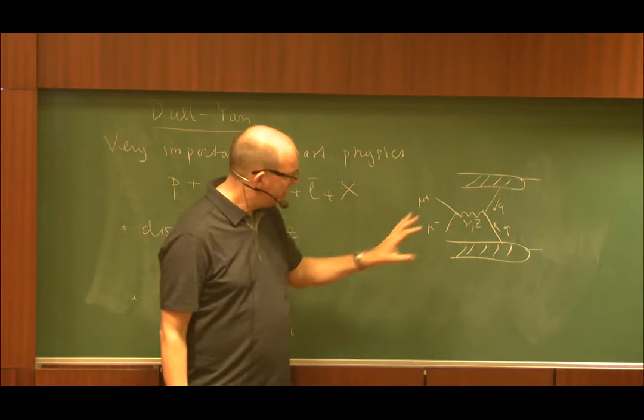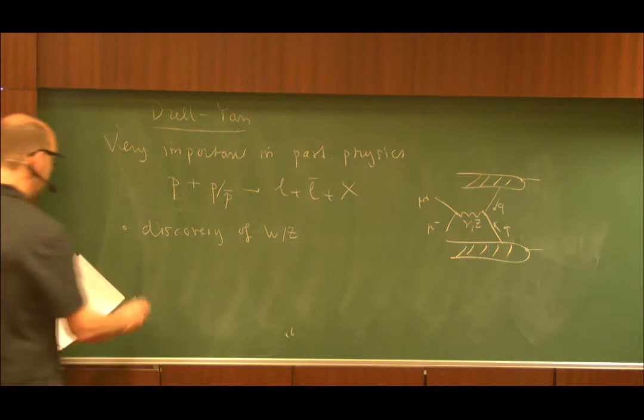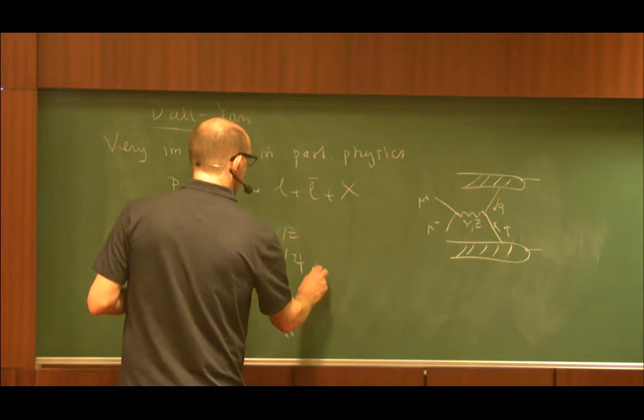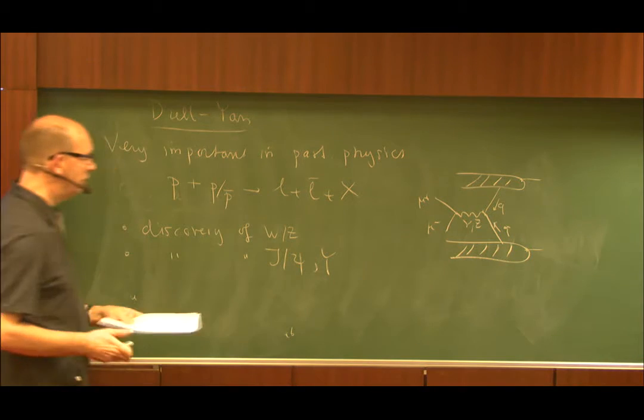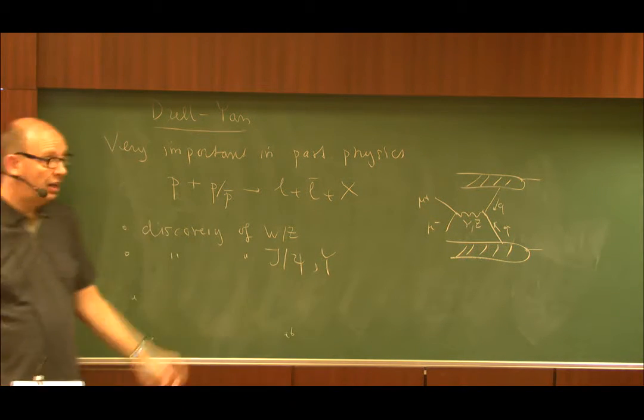And so that reaction led to that discovery, but also the discovery of J psi and the upsilon. These are the c cbar and b bbar bound states. And those were very important.